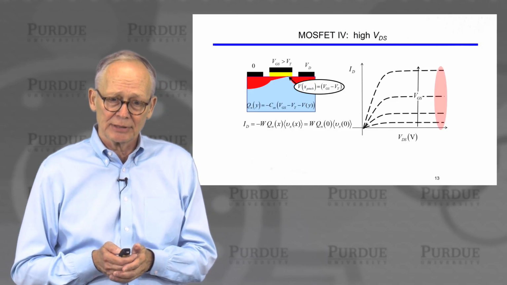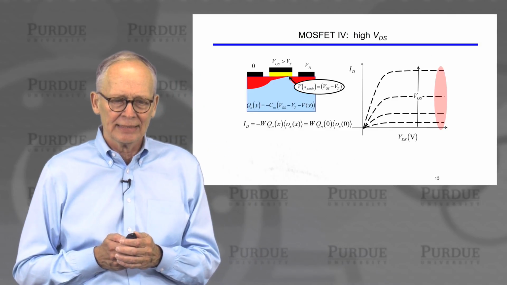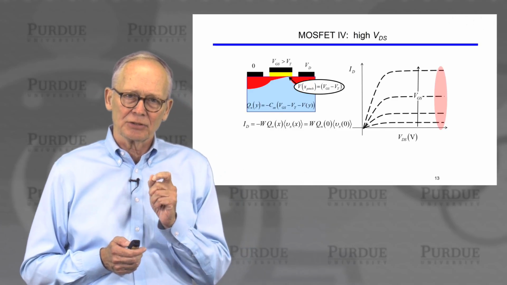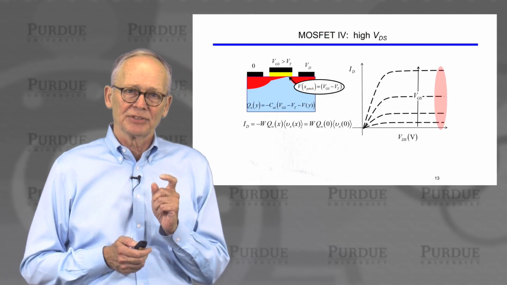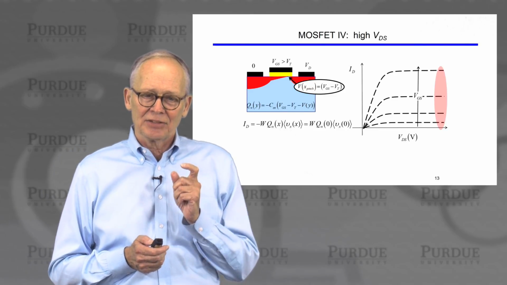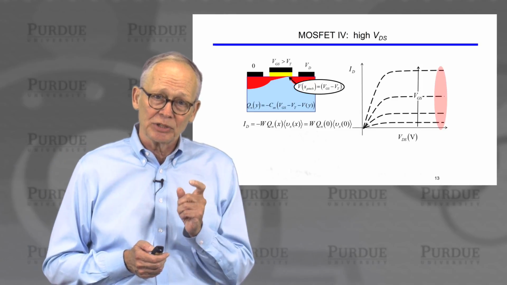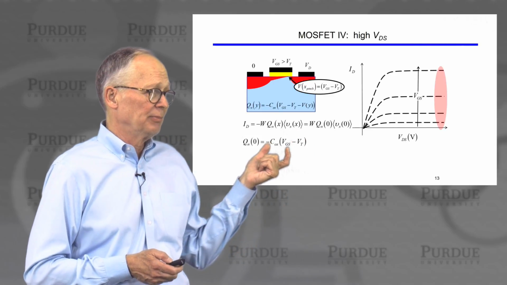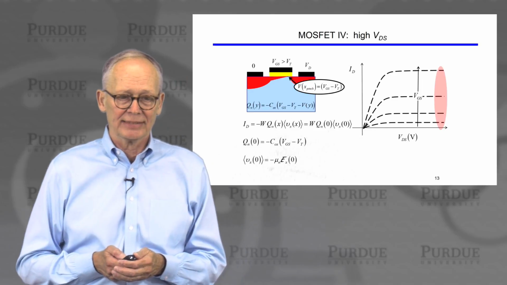It has to be continuous, as long as there's no recombination-generation going on. So we might as well pick a location that makes it easiest for us to compute the current. The location that we will pick is x equals 0 at the beginning of the channel at the virtual source. The reason we're going to pick that is because we know the charge at that point. The charge at that point is just minus Cox times (Vg minus Vt). That makes life easy.